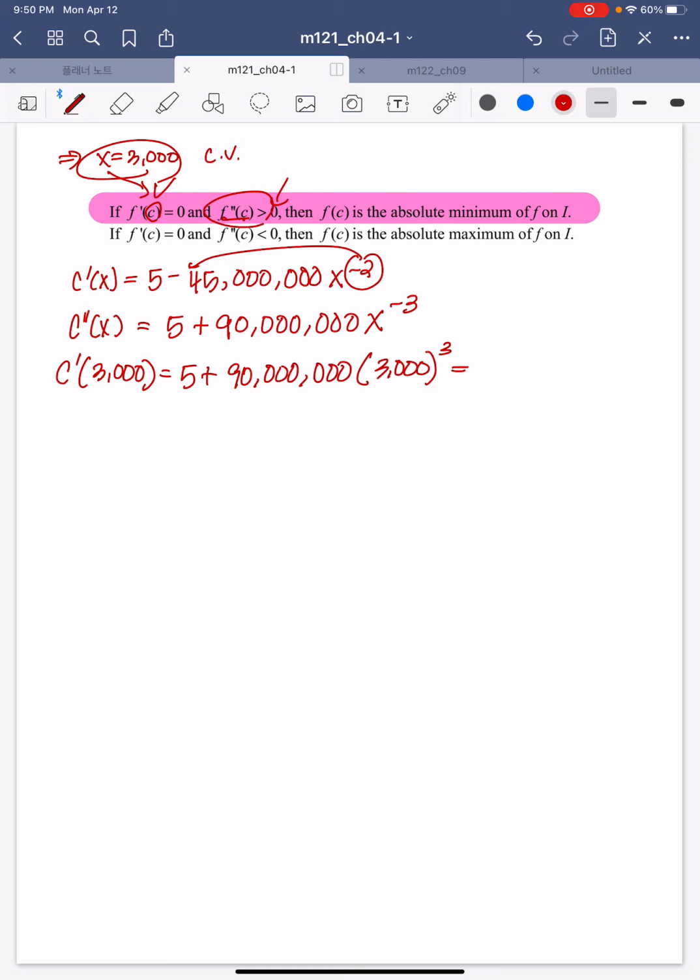I end up getting, with the calculator, let me just double check. So we get 5 plus 90 million, oops, to the negative 3.